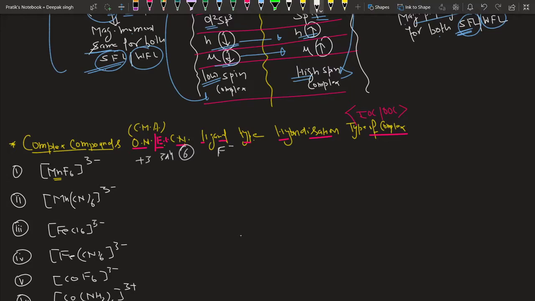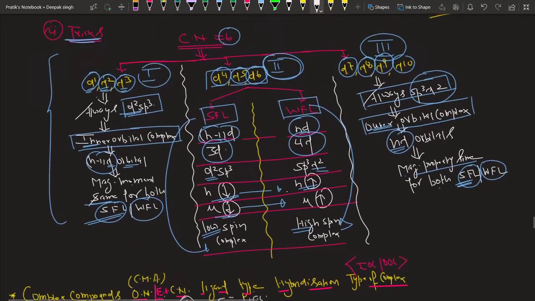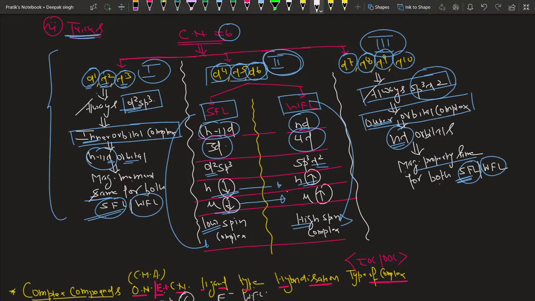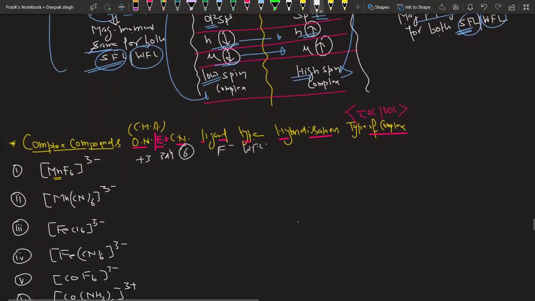F minus is a weak field ligand. So what is the sequence for the weak field ligand, student? For weak field ligand, the hybridization should be sp3d2, and since the outer d is involved in the hybridization, this complex will be an outer orbital complex.